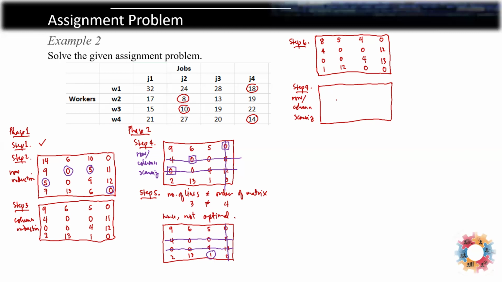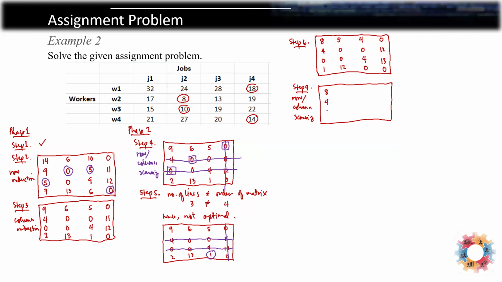So what we'll do now is, let's copy first. The row and column scanning is, in each row, you identify the value 0. If there's only one 0, then mark that, then delete the corresponding column, right?